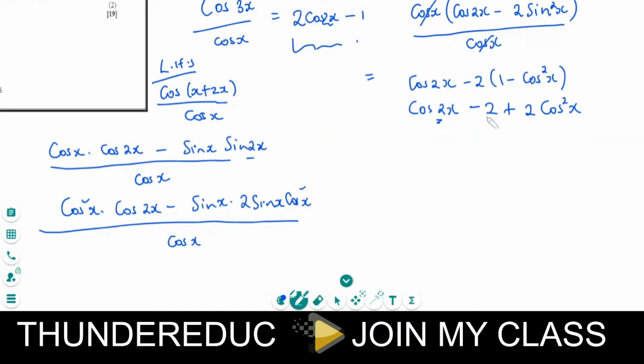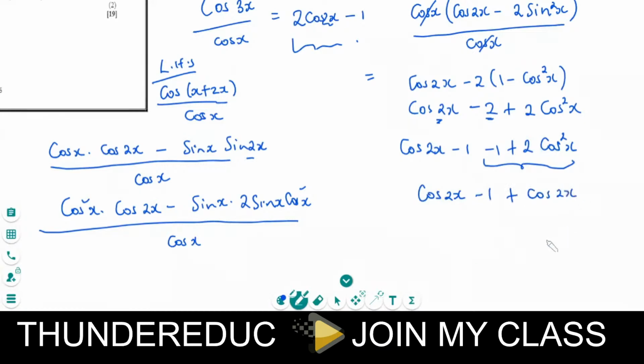So what I need to do, I'll break down this negative 2 so that it's cos 2x minus 1 and minus 1. And then I'll add the cos squared x. So that when I combine one of the negative ones and the 2 cos squared x, I'll end up with a cos 2x. So that will be cos 2x minus 1 plus a cos 2x. So then this cos 2x plus the cos 2x gives me 2 cos 2x minus 1. And this is equal to the right hand side. So that's where the proof will stop.